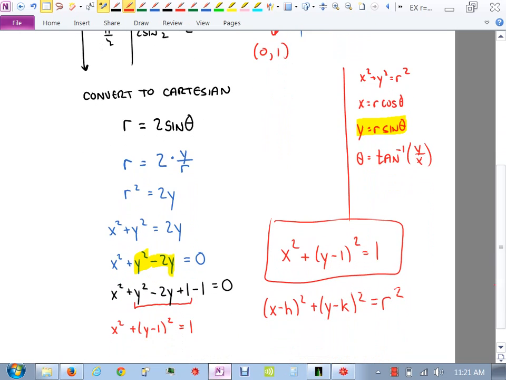All right, so that's an example of how to sketch one by hand. As the next example will show, it's not easy all the time. So with this example, r equals 1 plus sine theta.